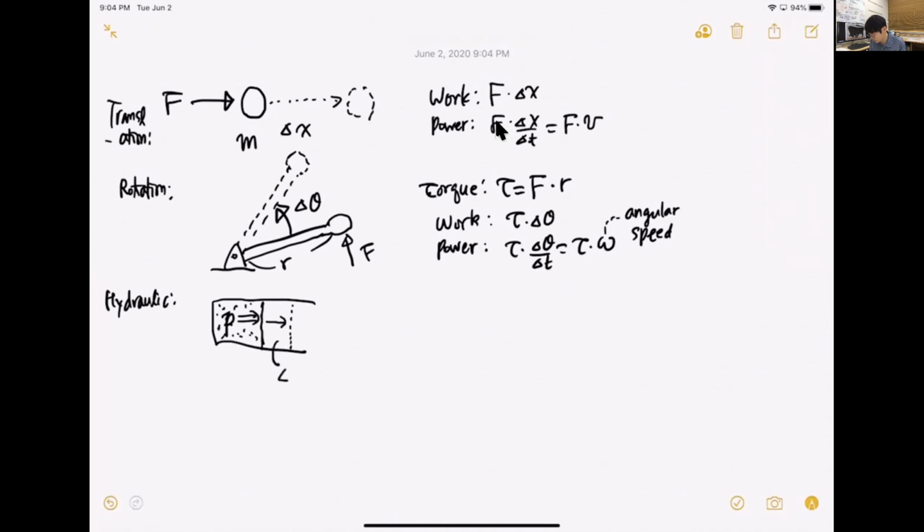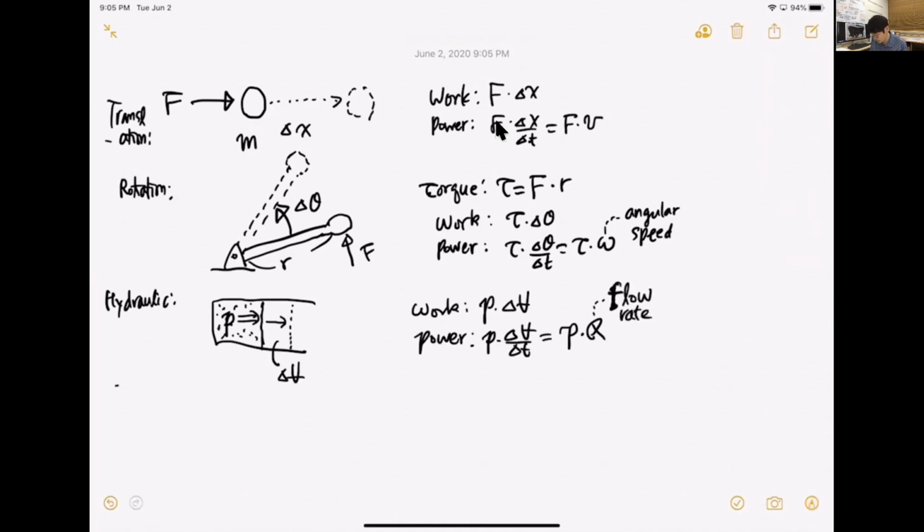So that will result in delta volume. So the driving effort leads to work as pressure times change of volume. And so the power for this dynamic change will be pressure times the volume change over time, which is pressure times the so-called Q, the flow rate. Does it make sense?